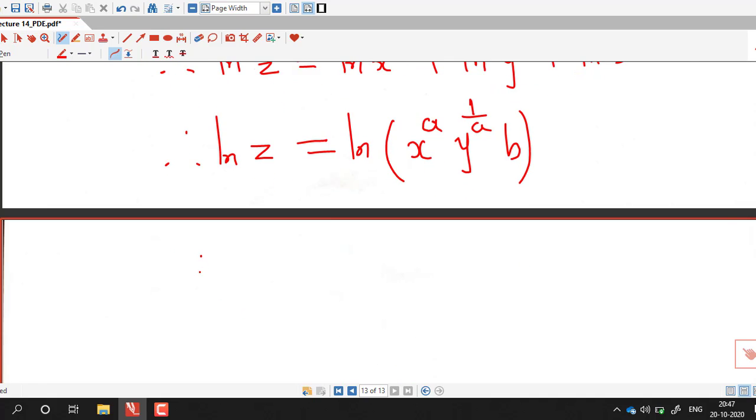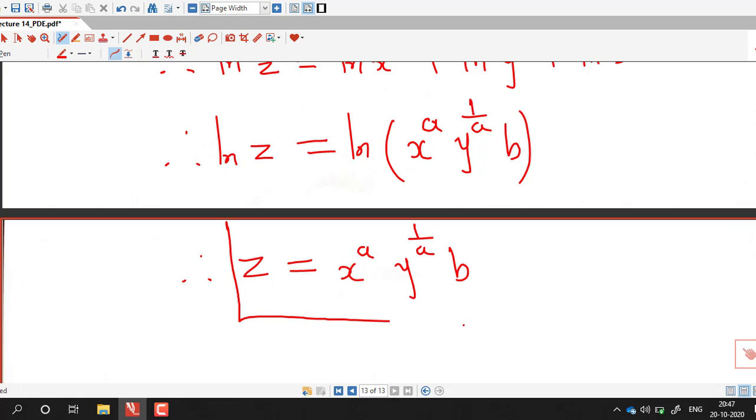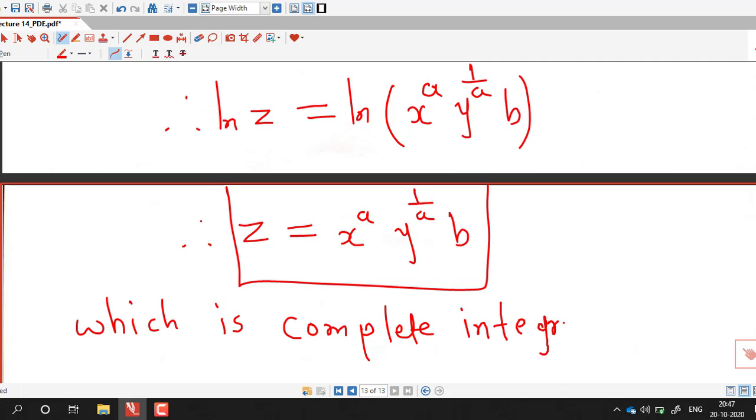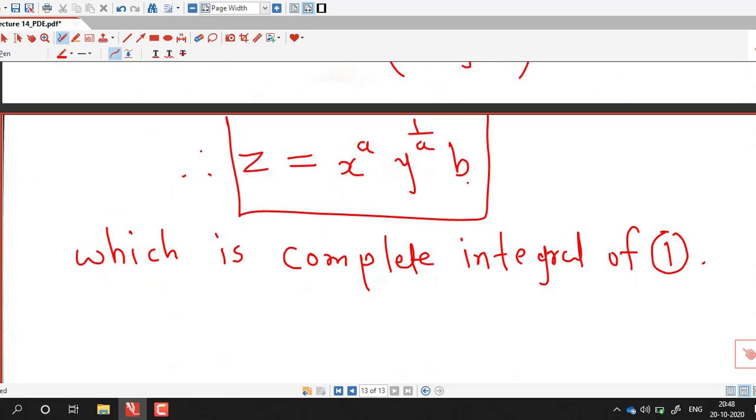And because log is 1 function, we obtain z equal to x raised to a y raised to 1 by a small b. So this is our complete integral of given equation 1, where a and b are arbitrary constants.